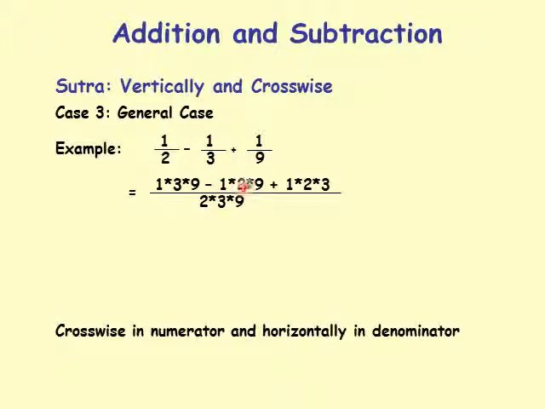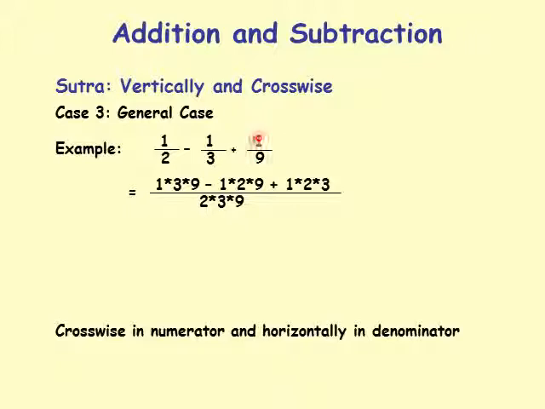The contribution of 1 over 3 to the numerator is 1 times 2 times 9, and this minus and minus matches. There we had a minus between half and 1/3. There's a minus here. Now we have a plus here and a plus here.